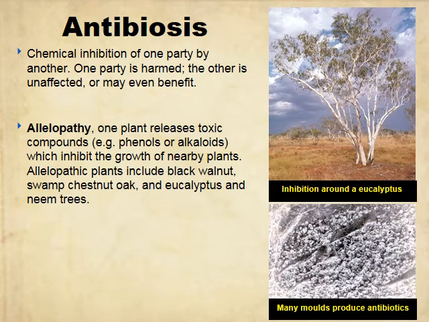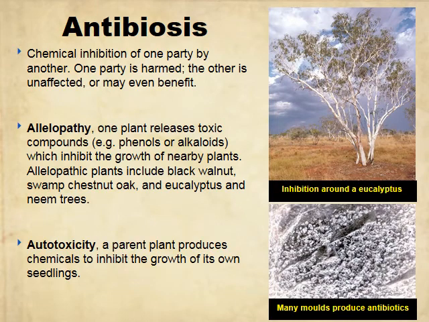So black walnuts around here, you won't see any other trees growing around black walnuts because they actually inhibit the growth, because if too many of them grow around each other, what happens is the nutrients might be stolen by something else. Okay? Another example is autotoxicity. So a parent plant produces chemicals and that inhibits the growth of its own seedlings around it, kind of like allelopathy.